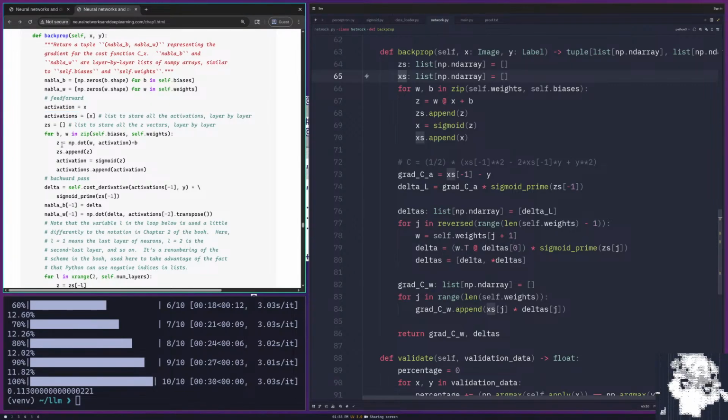For the weights and biases, Z is equal to W matrix multiplied by activation plus B. That's what I'm doing. Then you add that to the list of Z's. Then you sigmoid it. Then you add that to the list of activations.